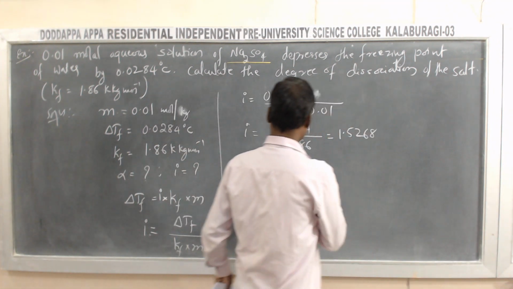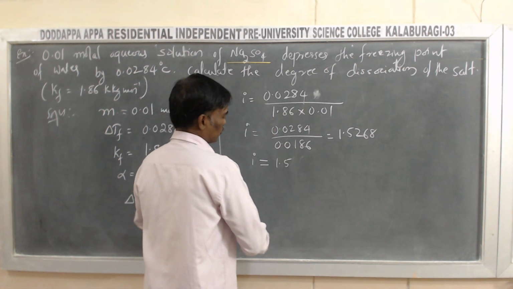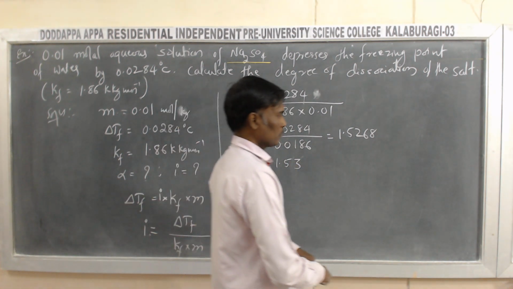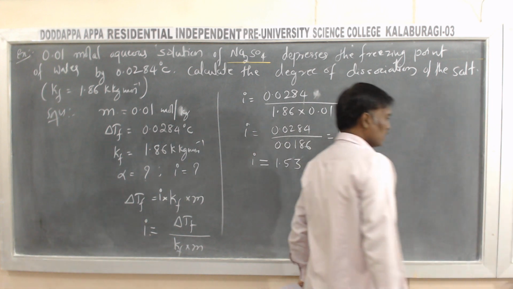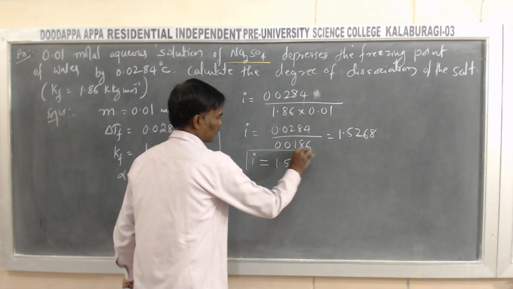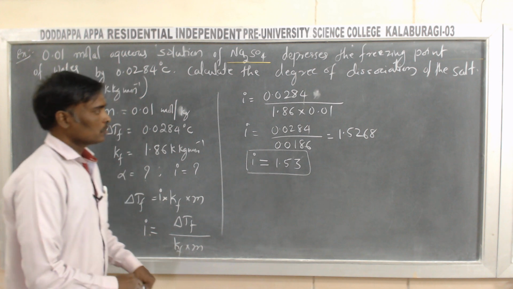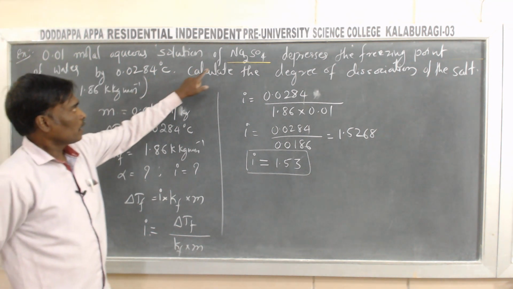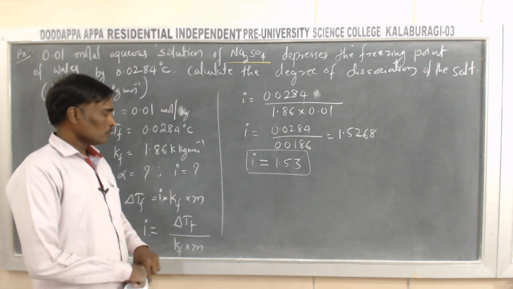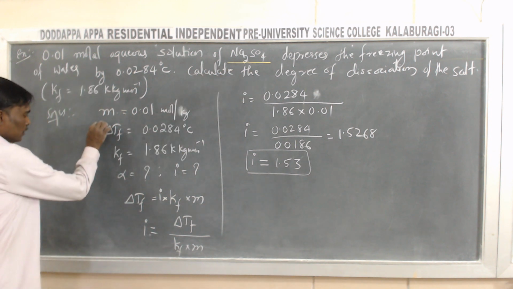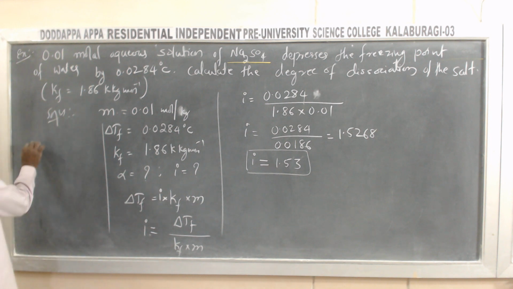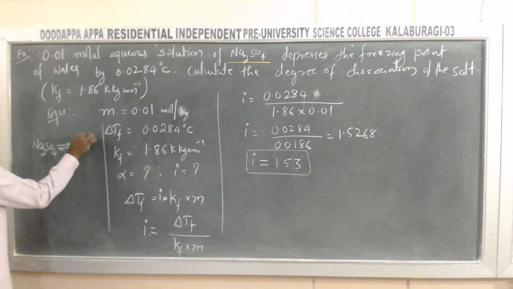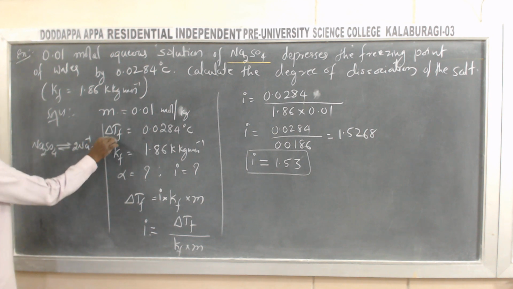So this is the Van't Hoff factor: i is equal to 1.53. But the Van't Hoff factor for sodium sulfate, we know sodium sulfate dissociates and forms ions as Na2SO4 giving 2Na plus and SO4 2 minus.